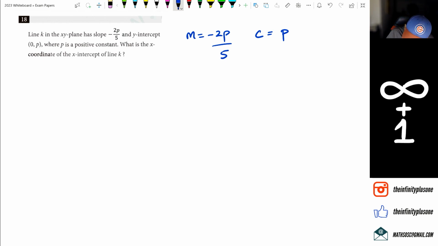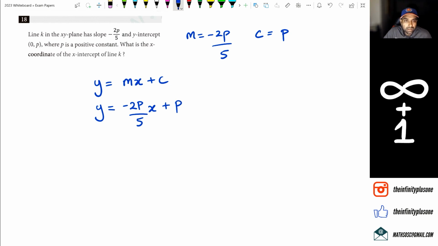The equation for this line is y equals mx plus c, so y equals negative 2p over 5 x plus p. To find the x-coordinate of the x-intercept, y is equal to 0.